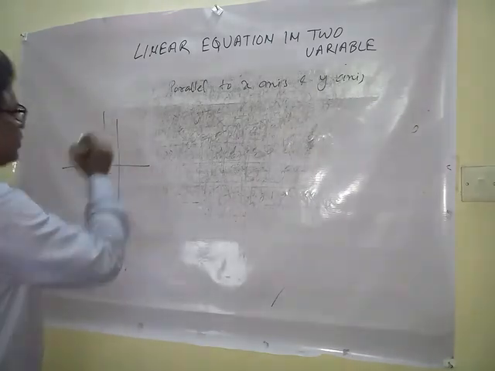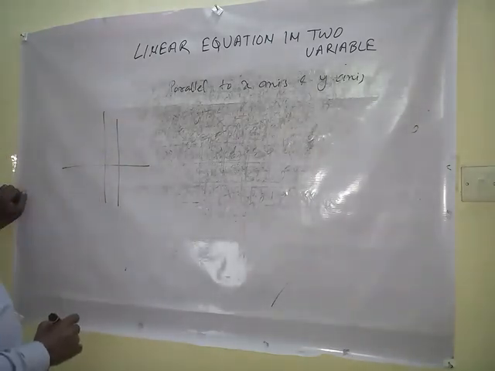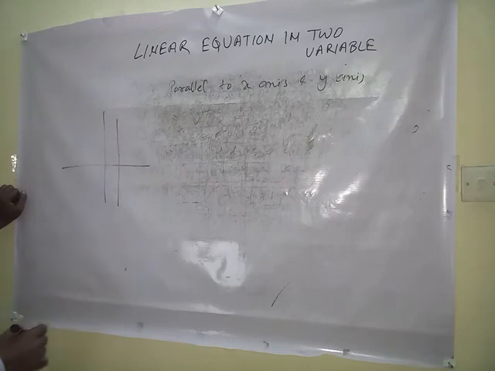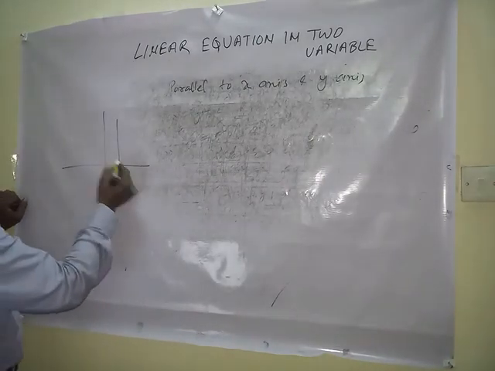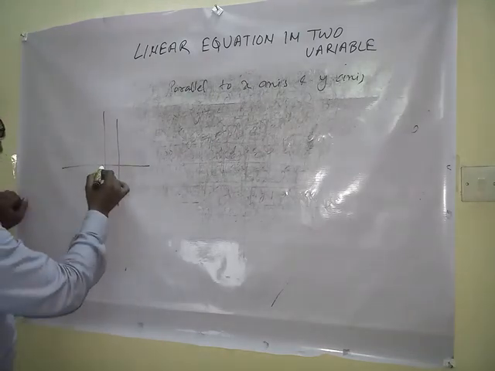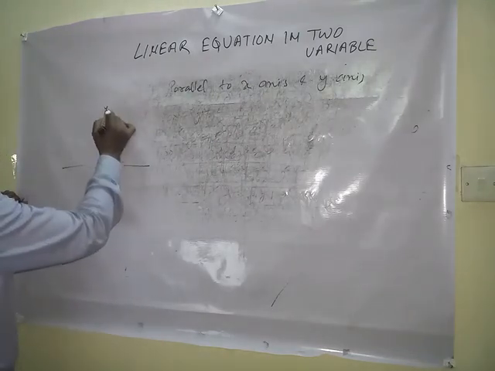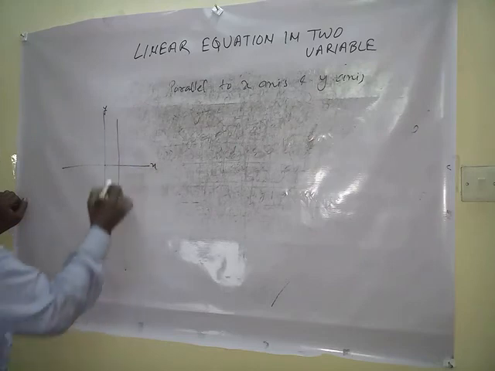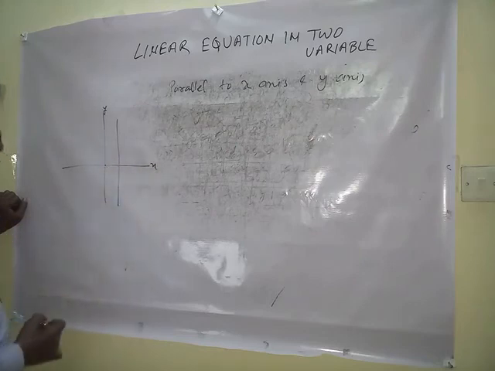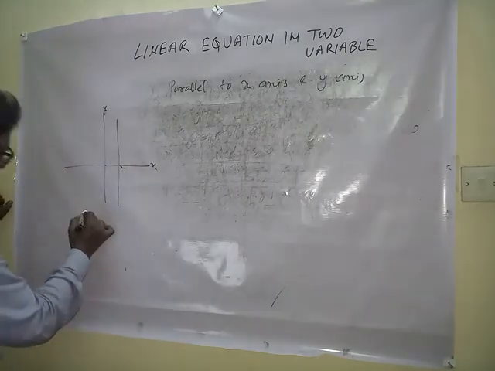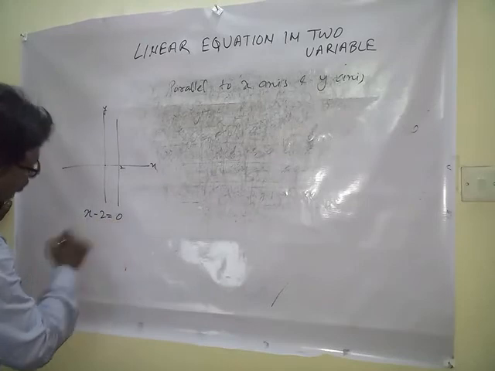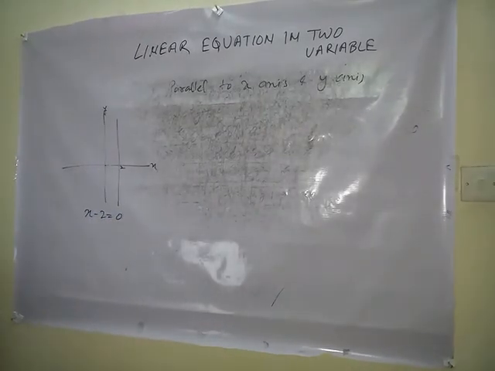So for any value of y, the value of x will remain the same. Like this is y, this is x. So here, if it is intersecting at point 2, then x minus 2 equal to 0. This is the equation. So that is how the parallel line is.